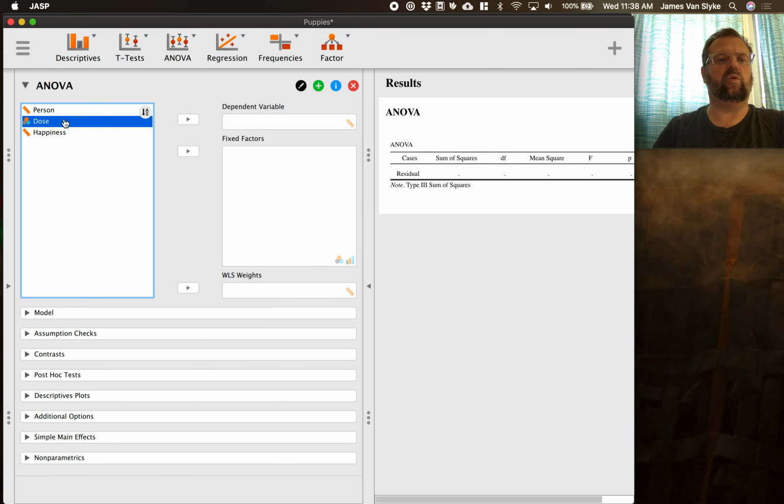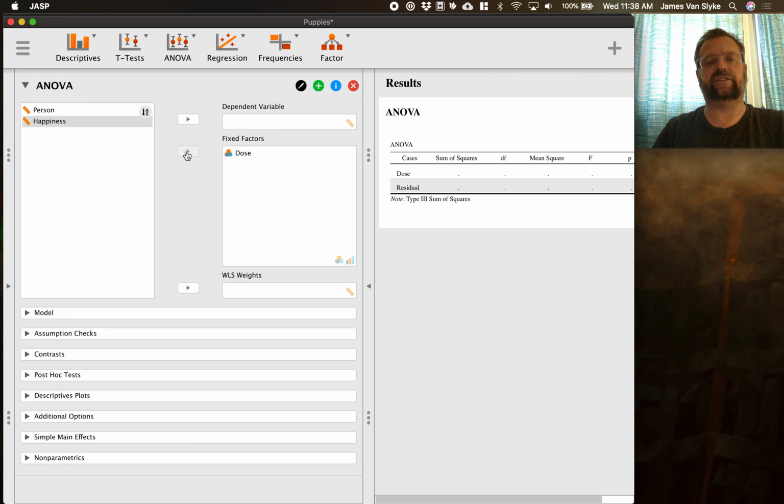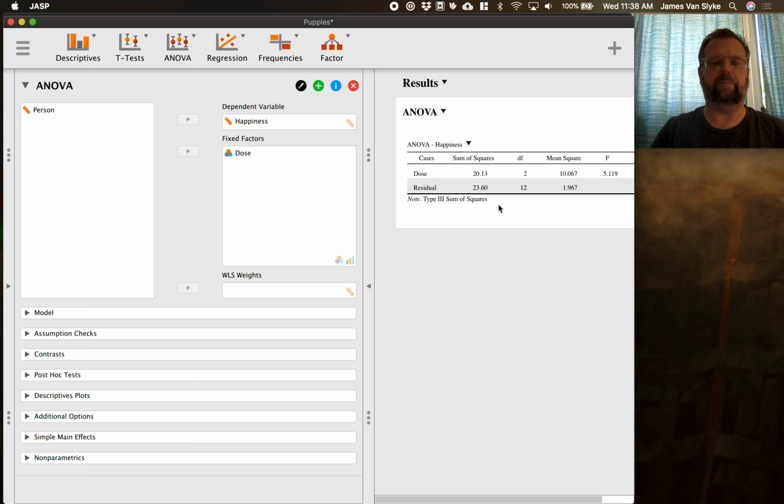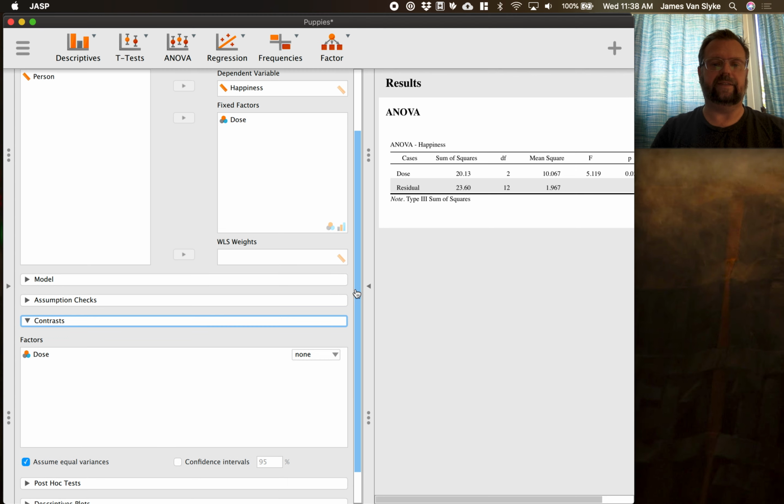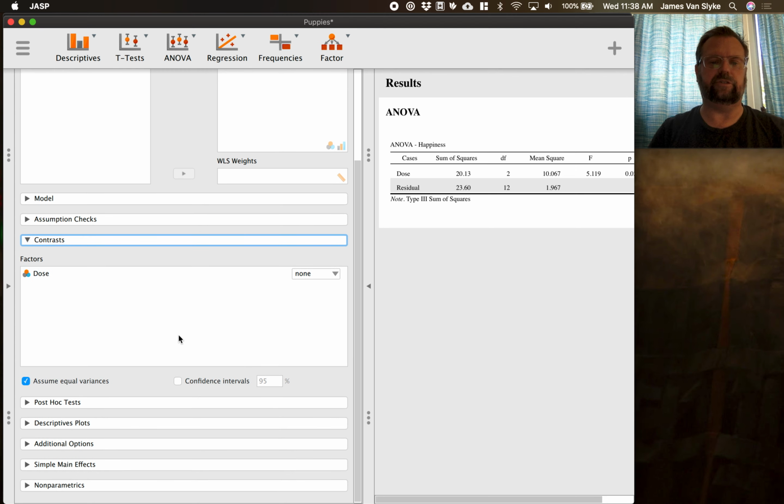Then just like before, dose or dosage is our fixed factor. Fixed factors are your independent variables. And then the dependent variable would obviously be the amount of happiness. So this gives us the same outcome as we had before, our F-test and our p-value. So now we want to go to the contrasts. So click here on contrasts, and this is actually fairly simple to do.